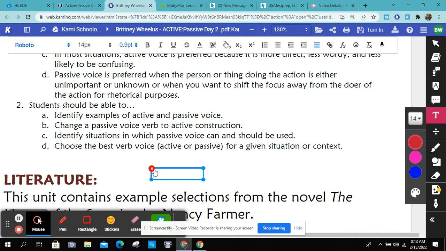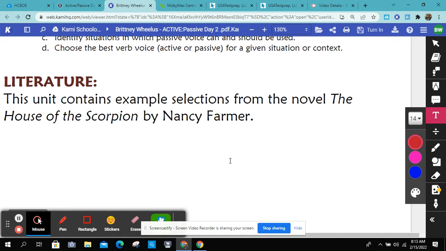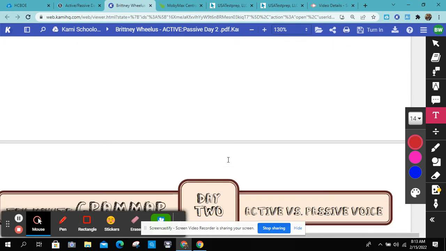You should be able to identify situations in which passive voice can and should be used. You should be able to choose the best verb voice, active or passive, for a given situation or context. Okay. Again, the questions come from the novel The House of the Scorpion by Nancy Farmer.